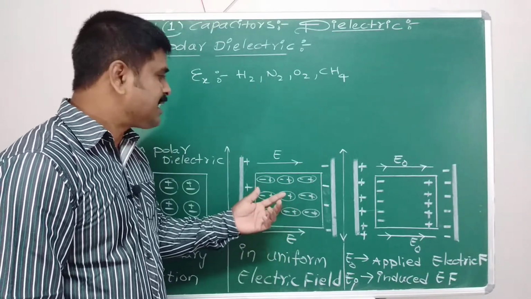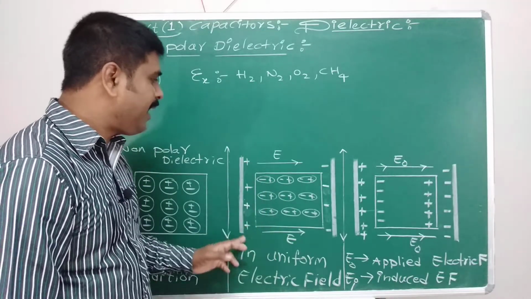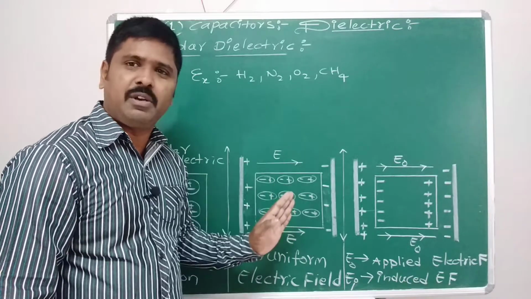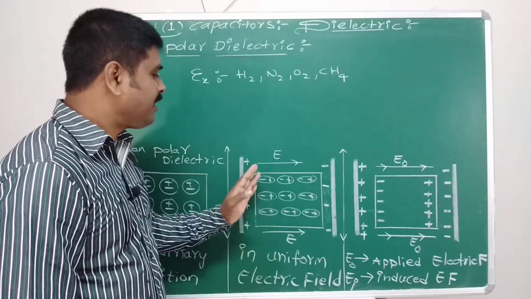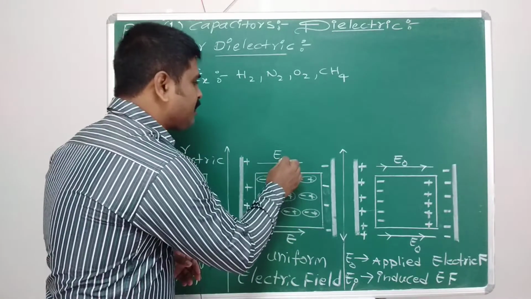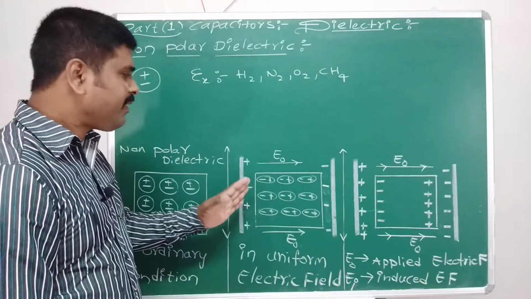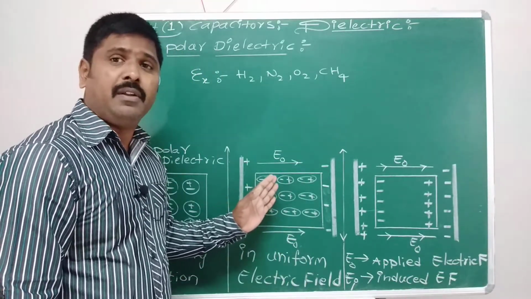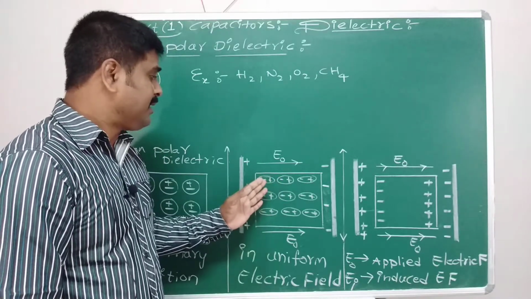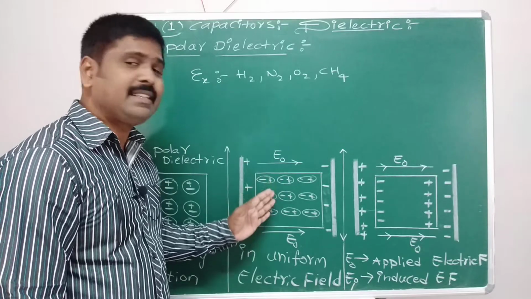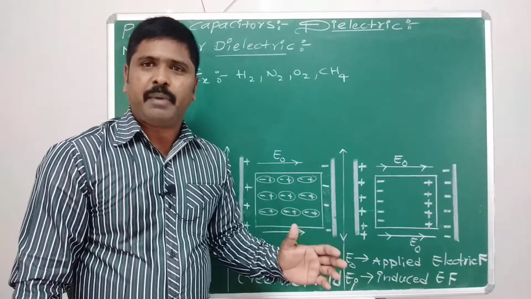The reason is, here is the positively charged plate and this is the negatively charged plate, and the electric field goes from the positively charged plate to the negatively charged plate. So the electric field is E, and we take E naught as the applied electric field. That's why the molecules in which positive charge and negative charge separate have some dipole moment.